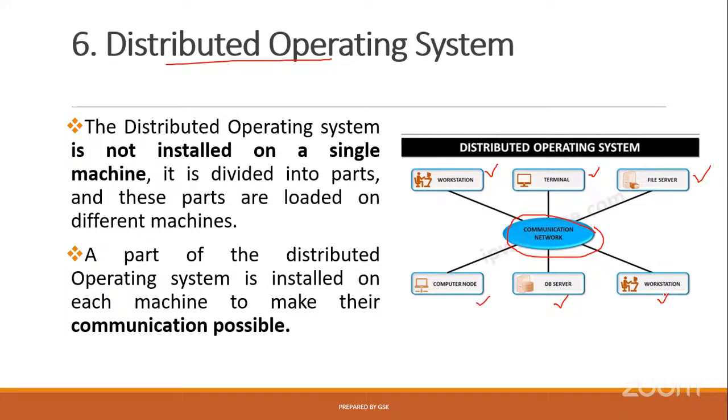A part of the distributed operating system is installed on each machine to make their communication possible. So with the help of these different parts, they can communicate. With the help of this communication, the given work is distributed and executed by the different terminals or different parts or different machines. And finally, the partial results are taken back and create a final solution.